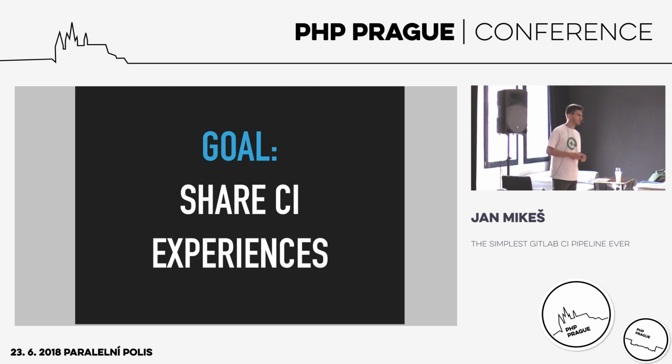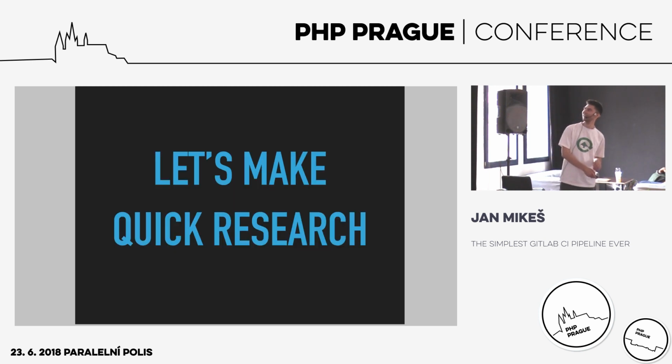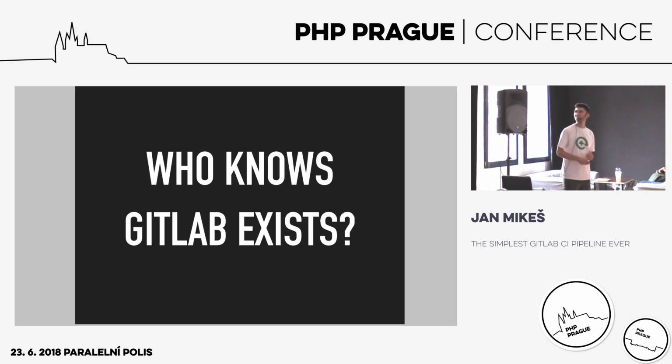A few years ago, I didn't know basically anything about Docker and CI and maybe even GitLab. So let's make a quick research first. Yeah, quick research. So who knows that GitLab exists at all? Please put your hands up. Who knows that GitLab is there? Okay, good.